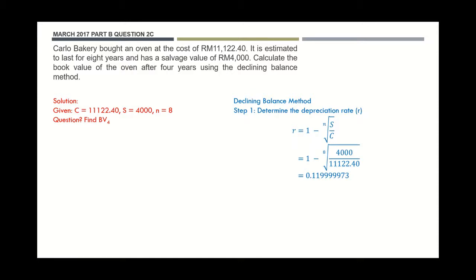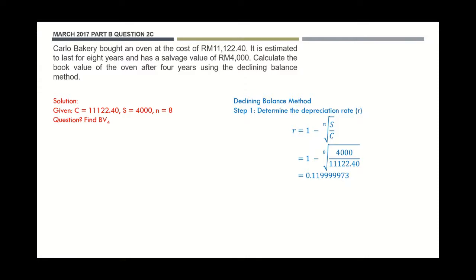So substituting the correct value into the formula, you found that the depreciation rate is equal to 0.11999973, or equivalently this is approximately equal to 11.9999973%, or basically we can just round it off to 12%.